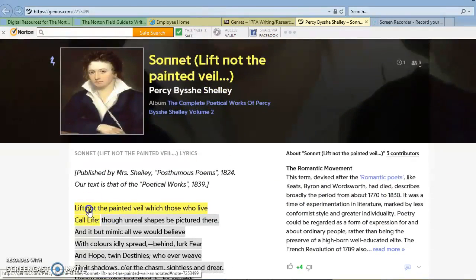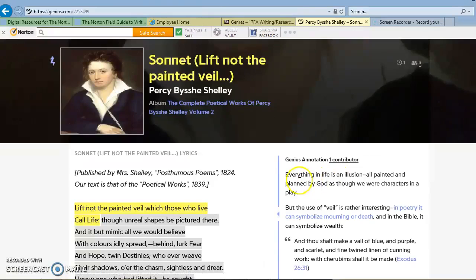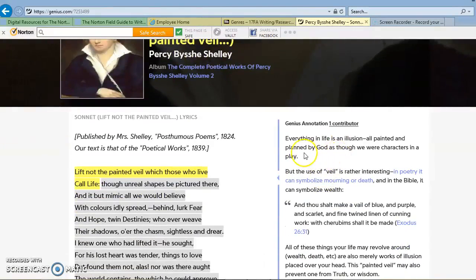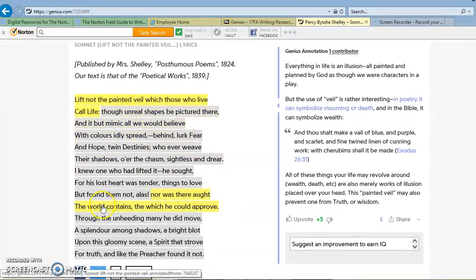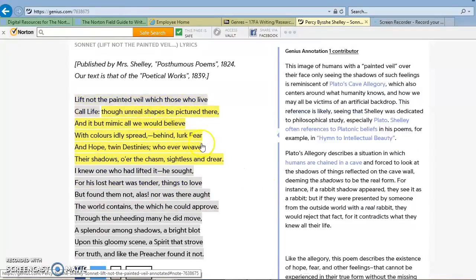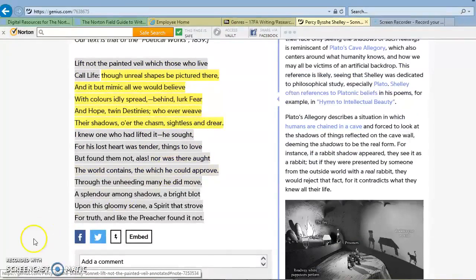You click "Lift not the painted veil," and what it has over here is annotations. Everything in life is an illusion, all painted and planned by God, as if we were characters in a play. I do want you to look through it before you do the cheat sheets version. But I want you to understand it.